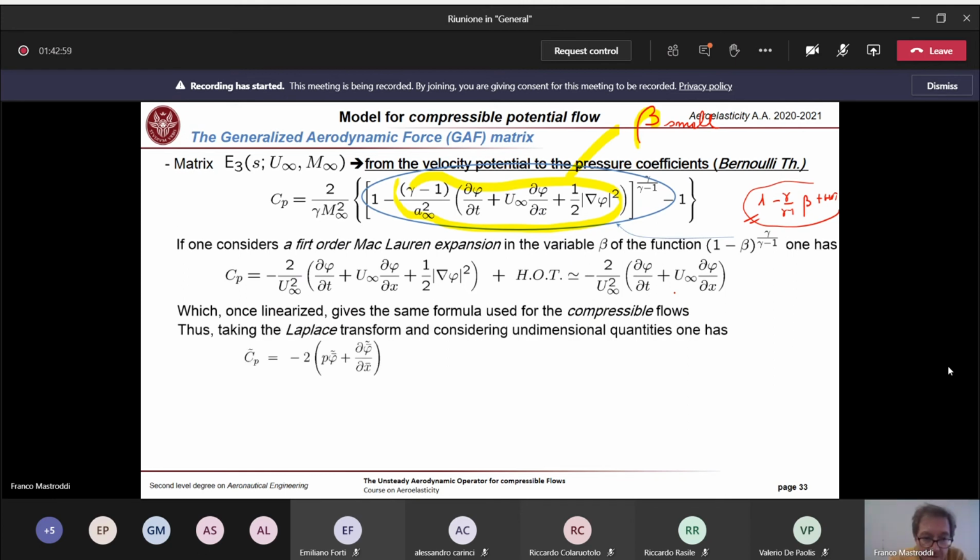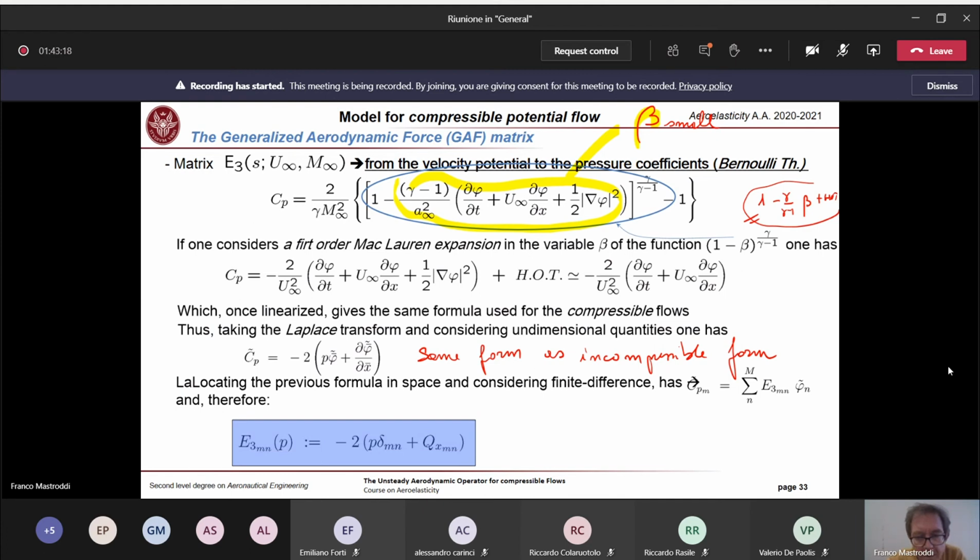And so we have this, the same form as incompressible flow. Like this, you know very well.